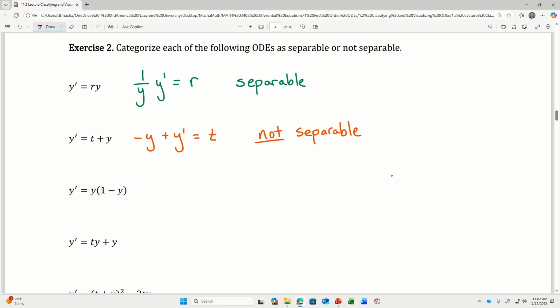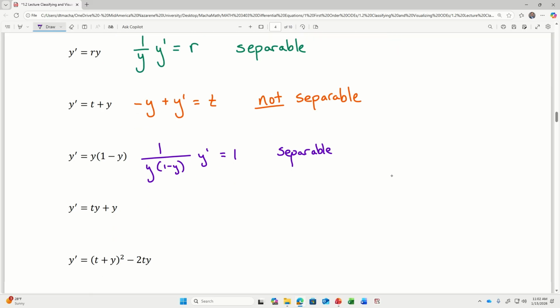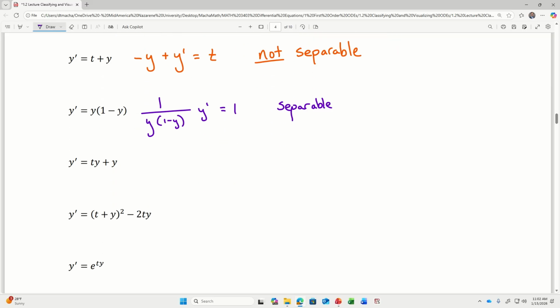What about y prime equals y times 1 minus y? Is that separable? Yep. I can write 1 over y times 1 minus y times y prime equals 1. So that's separable. What about y prime equals ty plus y? Is that separable?